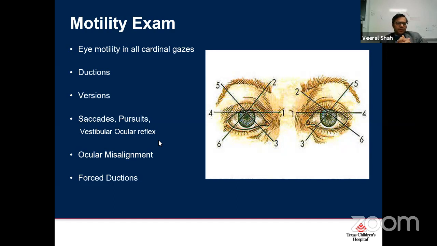And then forced ductions, which is if there are some abnormalities with the eyes. I don't do forced ductions as part of the normal exam. Forced duction really means an eye that is not moving in a particular direction. If you're worried that there's a restrictive process, something that's not allowing it to move.